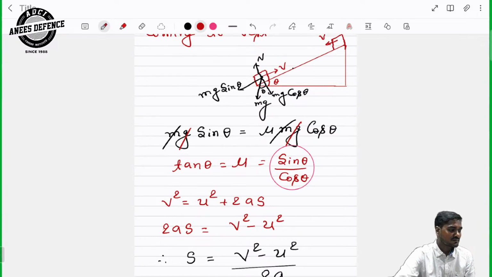Calculate the mass so that the system will be at rest. mg is equal to tension, and N is equal to mg.